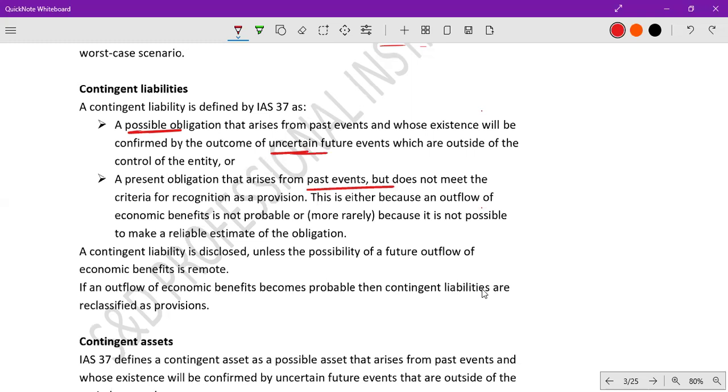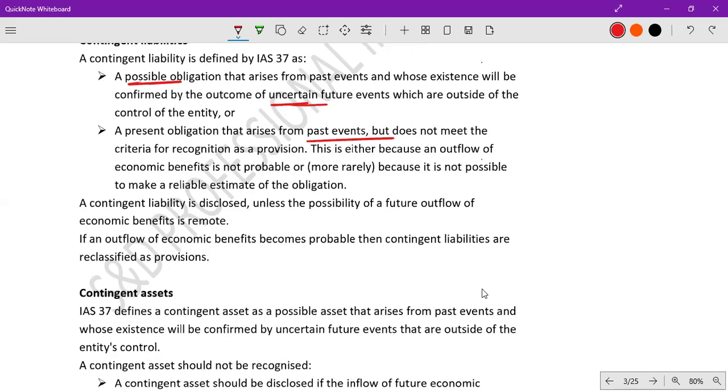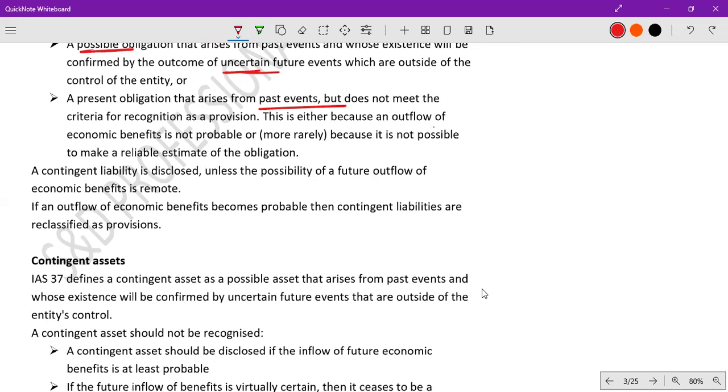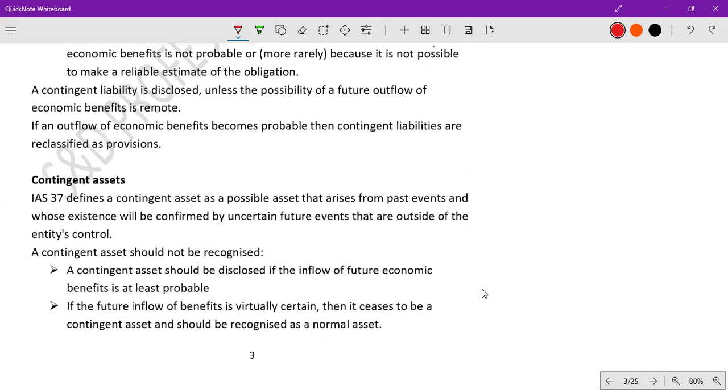So what is a contingent asset? That is also a possible asset, which would also depend on an outcome of an event. We'll come to the recognition criteria for a contingent liability and a contingent asset shortly.